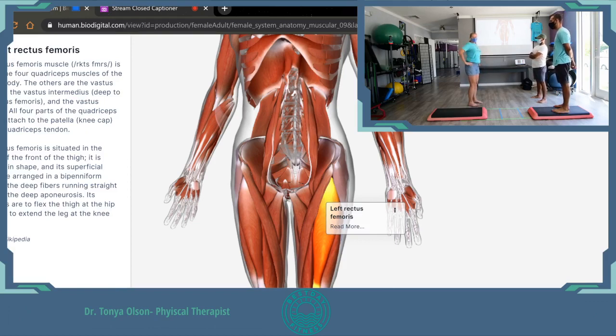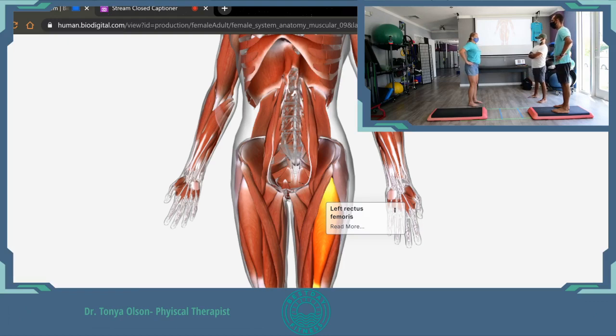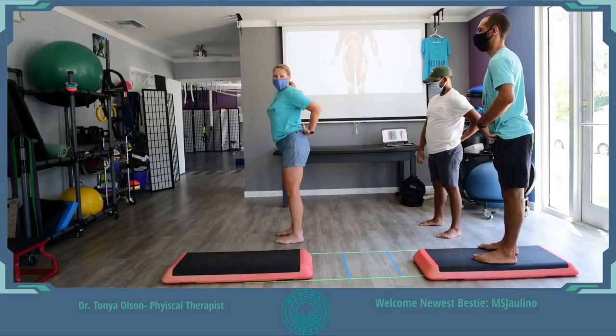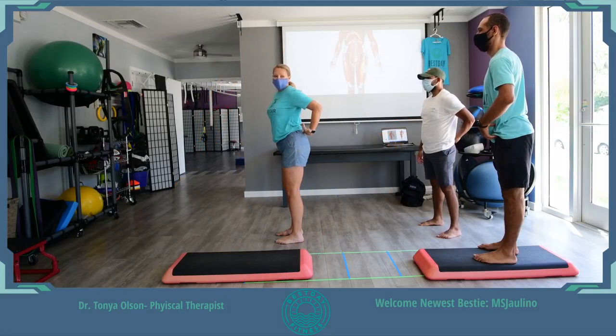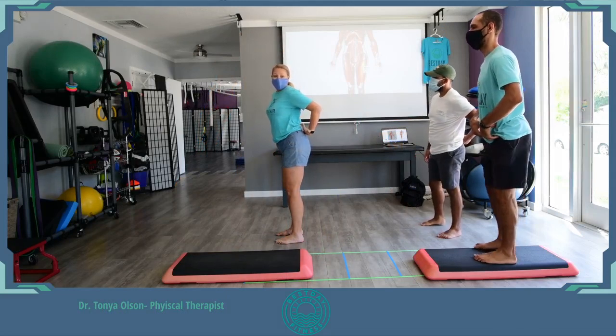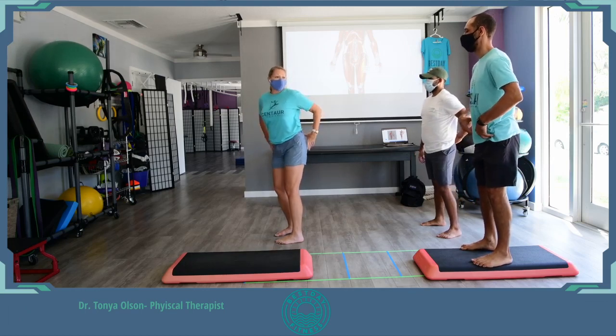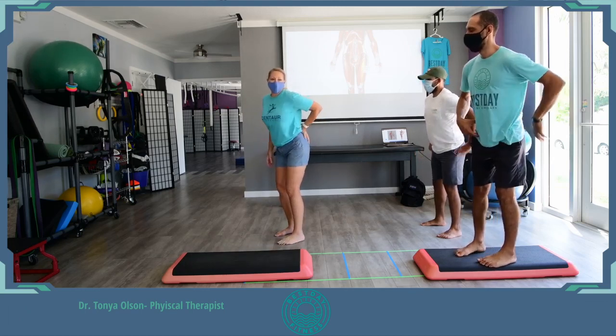So if the rectus is tight, it brings the pelvis forward into an anterior tilt. An anteriorly tilted pelvis then creates a fulcrum point in the low back and a shearing force in the low back. And that's where, if their back hurts, the most common posture is this.